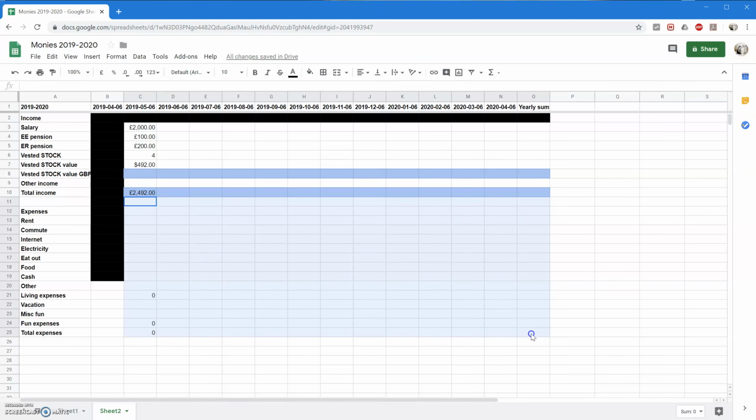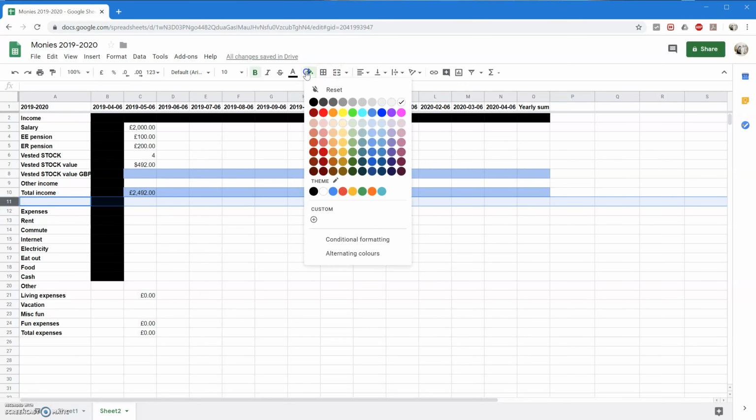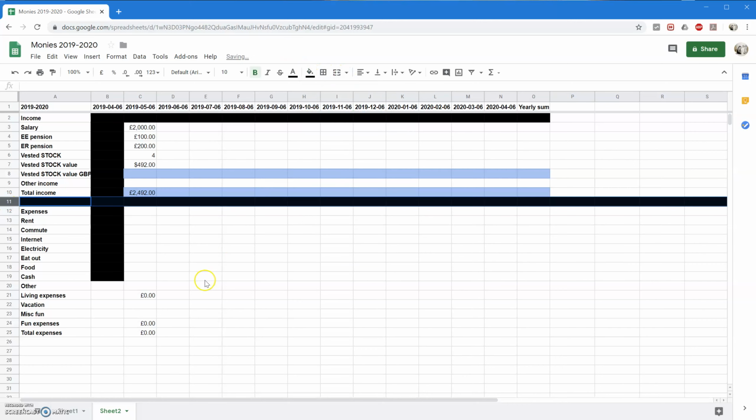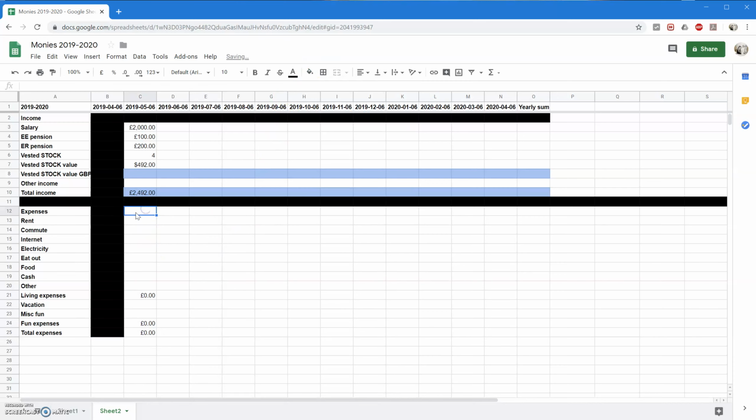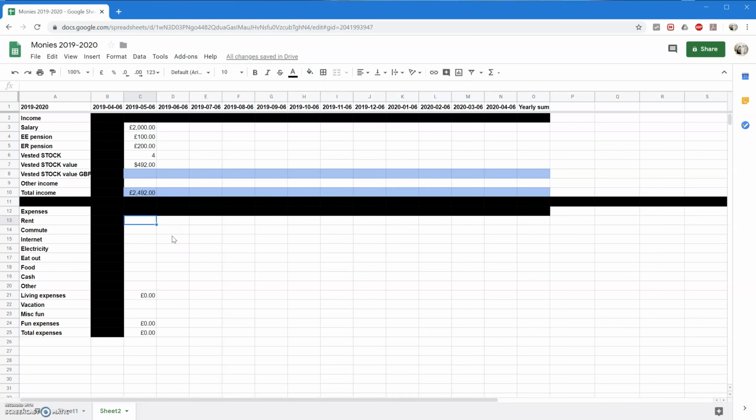There. Everything is pounds. All the expenses are negative values.